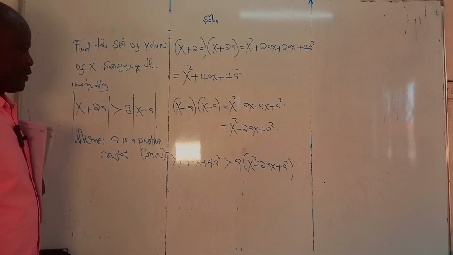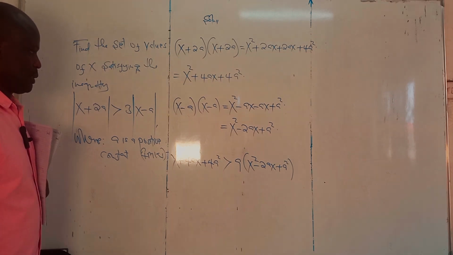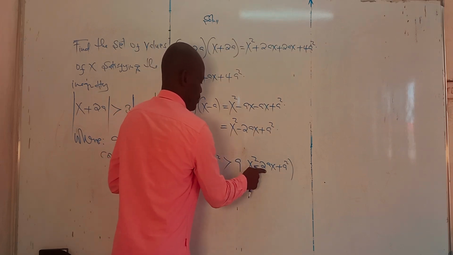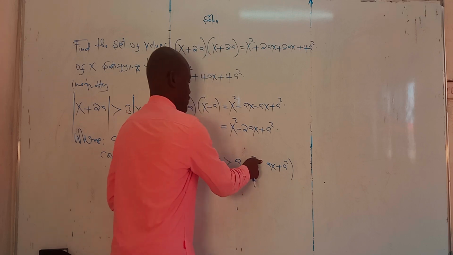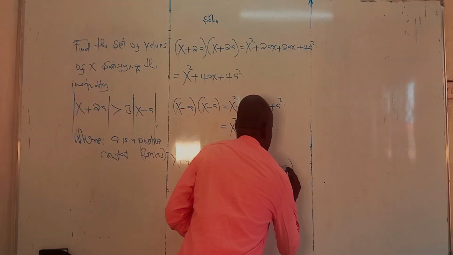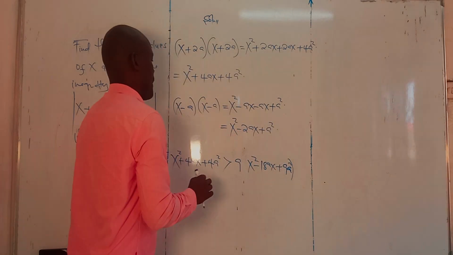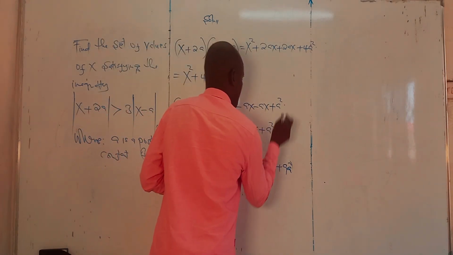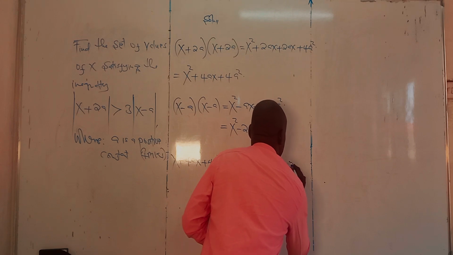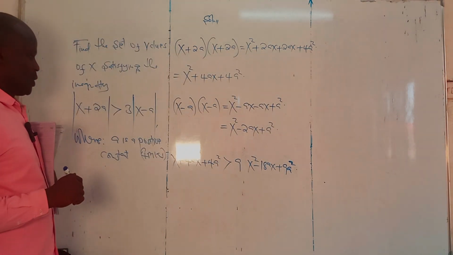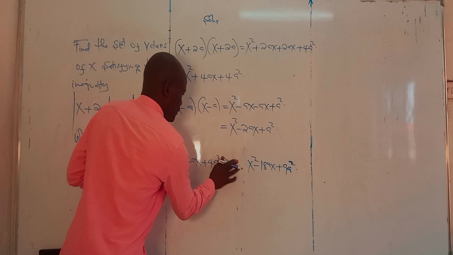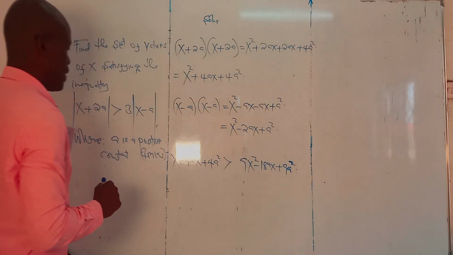So probably what I need to do is to expand this, in which case I'm going to have 9x squared minus 18ax plus 9a squared. So I collect the like terms.